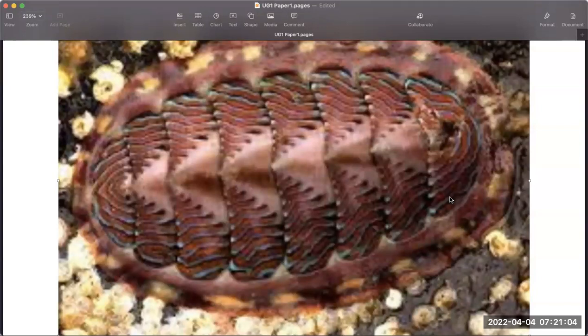Amphi means both, neuron means nerve. This picture is of the chiton genus. Body is elongated with reduced head.